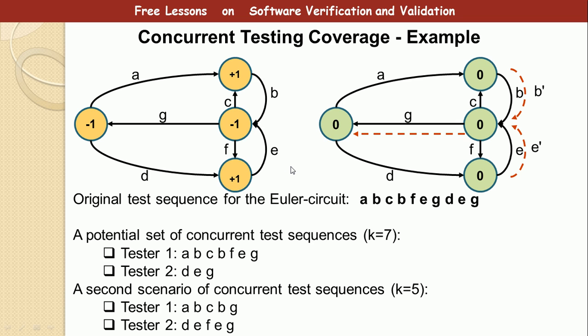So this is how concurrent testing works. Now we've covered 3 topics. We have transition coverage, where we discussed the New York street sweeper problem. We have covering transition pairs, where you need to obtain a dual graph. And now we have concurrent testing, where you have to use 2 or more testers.